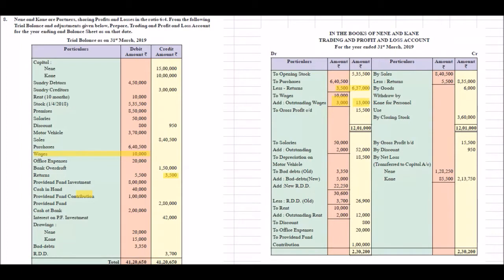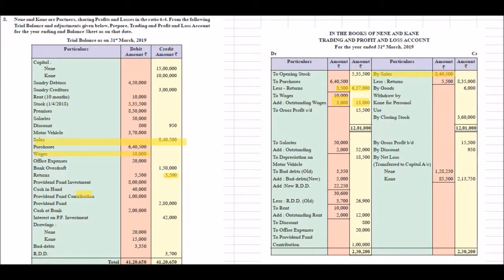Next is sales. The sales amount is 8 lakh 40,500 rupees. That is the credit side we are taking.